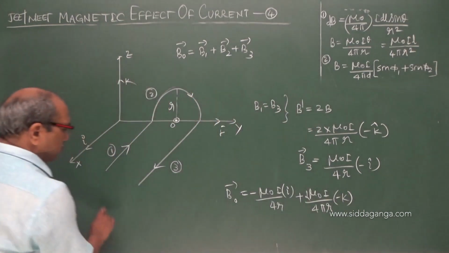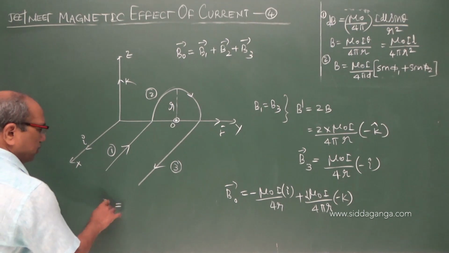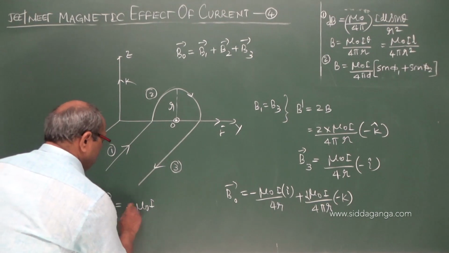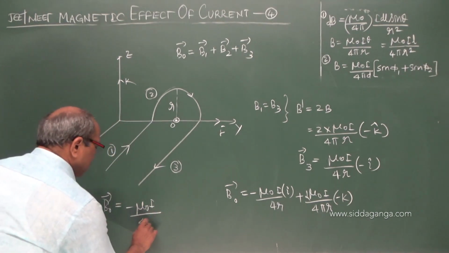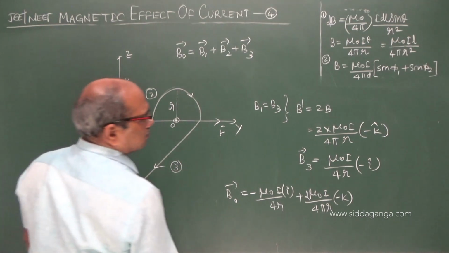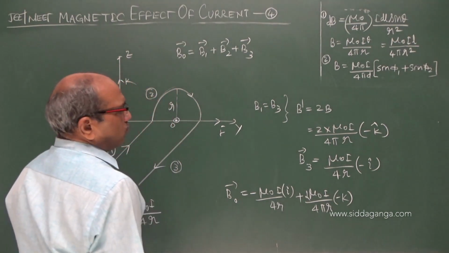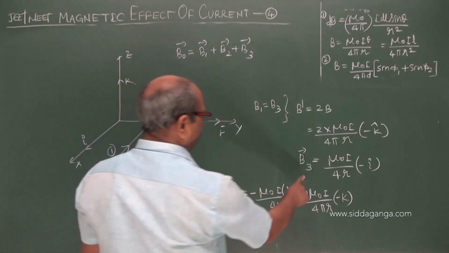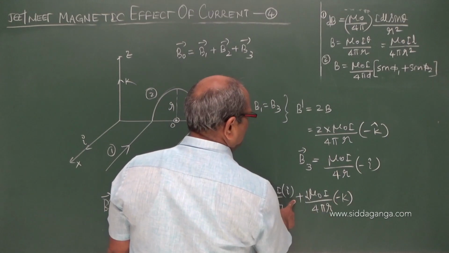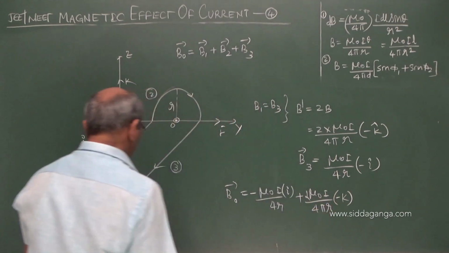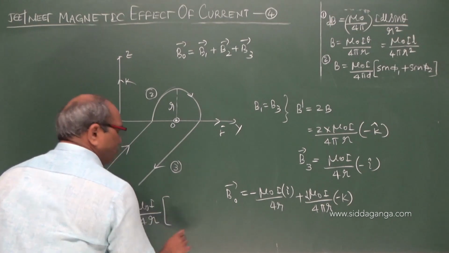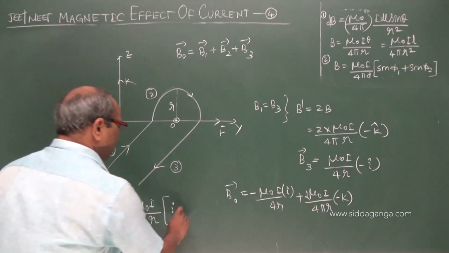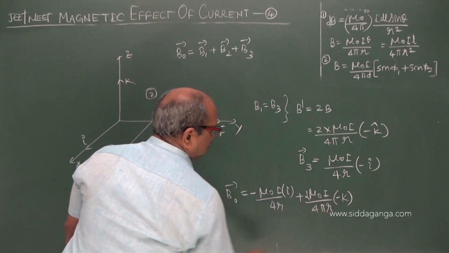Or if you want magnitude only, B naught equal to, common term can be brought out, mu naught I by 4R is common, I write 4R. 2 mu naught I, here 2 we left. Into mu naught I by 4R, I only remains, plus there it is 2K by pi.